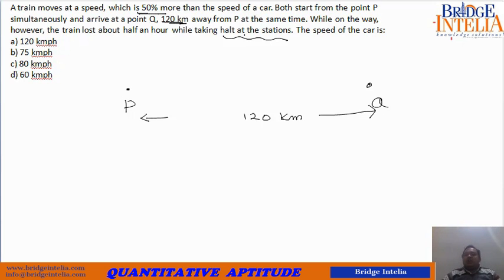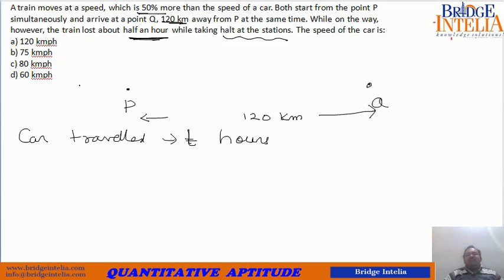Car travels non-stop. So let's suppose car traveled for T hours. So if car traveled for T hours, for how many hours did the train travel? It is said the train lost about half an hour. So time taken by train would be equal to what? The train has taken half hour less.